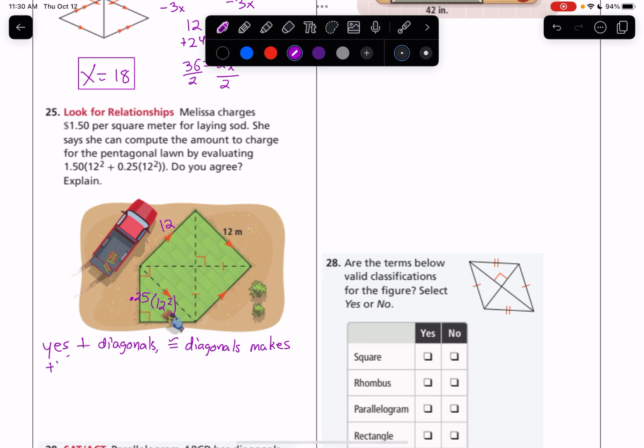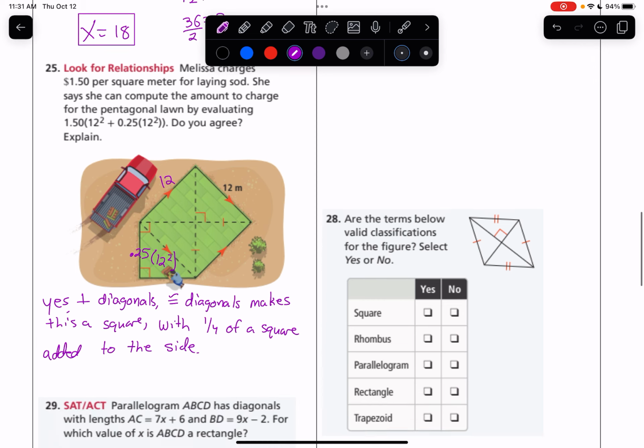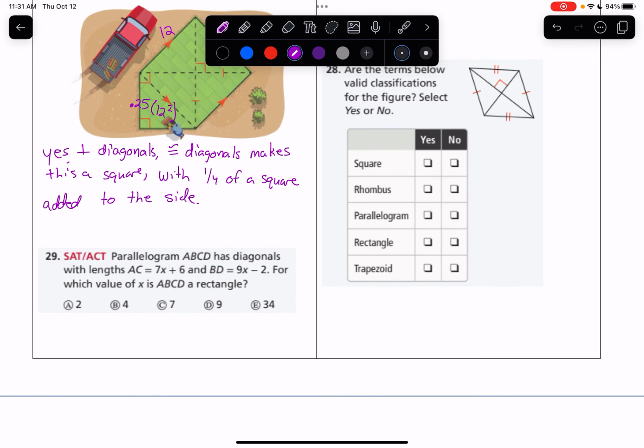Makes this a square with a quarter of a square added to the side.